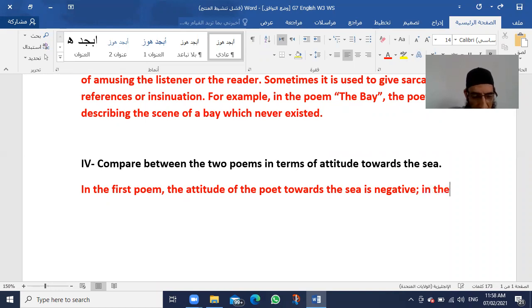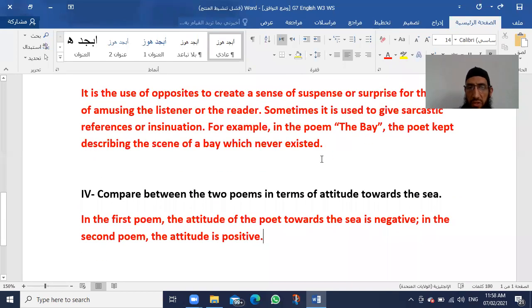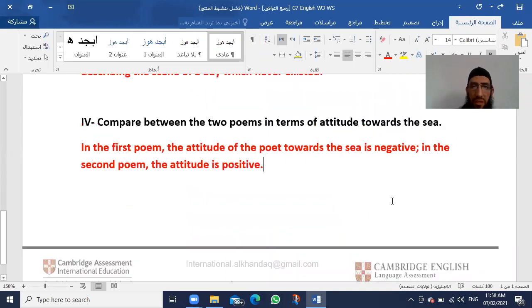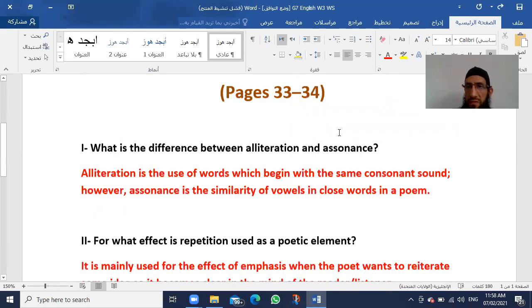In the second poem, the attitude is positive. Thank you. That's more than enough. Because when we speak about positive and negative, showing how the attitude of the poet was towards the same element, which is the sea in both of them, this is perfect. Thank you, Abdullah. Thank you, everybody. So let's move to another part of the lesson.